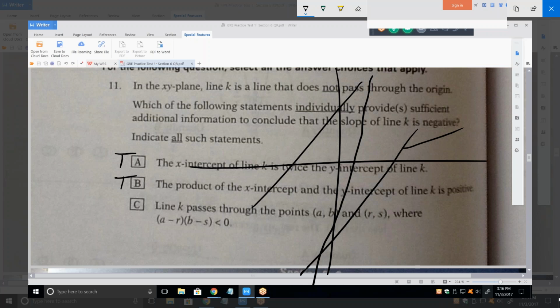What if it's a zero slope? Good question. I hadn't looked at that. Very interesting. Let me look at that. That may have brought something up that I hadn't thought of.